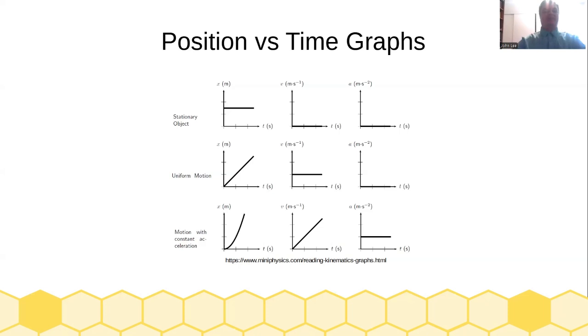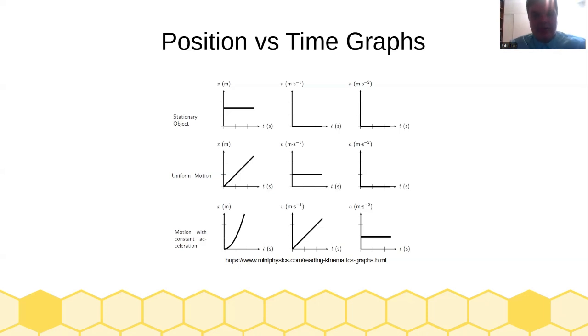This also makes sense graphically, where the slope of a line is going to be constant. Therefore, its velocity is constant because the slope of the position versus time graph is equal to the velocity at any given time.